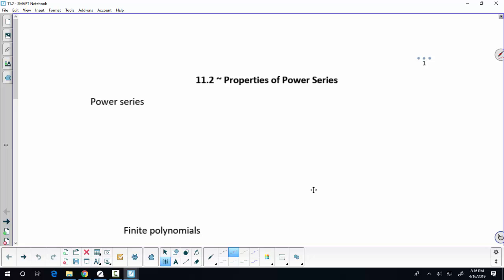So in 11.2, we start to look at properties of power series. The power series is an infinite sum from 0 to infinity. We have these random coefficients, the c sub k's, times x minus a to the k.